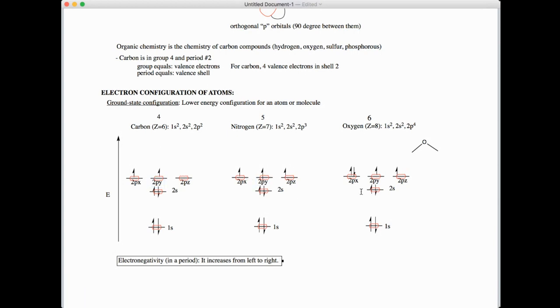In this case, it's shell number 2. So the size of the shell in theory should be very similar. Not a big difference in size because we're talking about the same shell, right? Now the number of protons and electrons is increasing, the attraction is increasing, and that's why when you go from left to right, the atomic radius decreases and electronegativity increases. Okay, that's a very important thing to keep in mind.